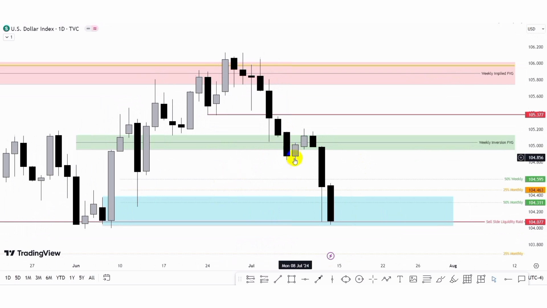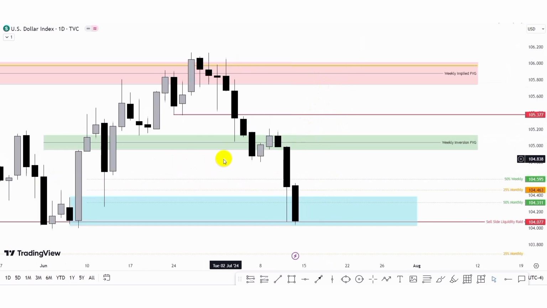What you're going to see is that price did not really provide that bearish move we expected, where price drops to the 50% of the weekly candle week or the 25% before we see the rise in price to the weekly inversion or the 4-hour zone, before we could see price fall or break through and then retest our support and push to the upside.